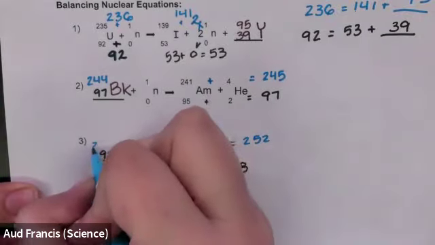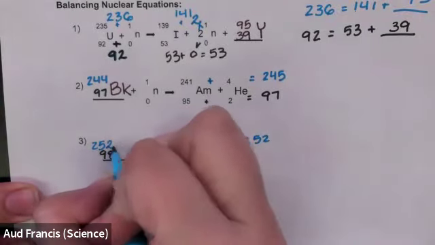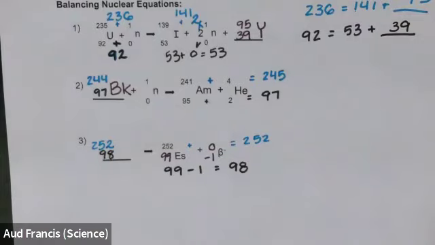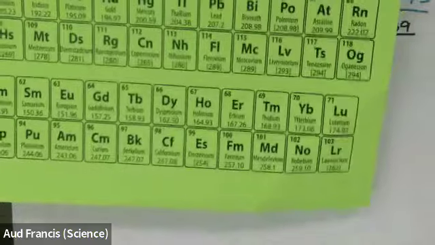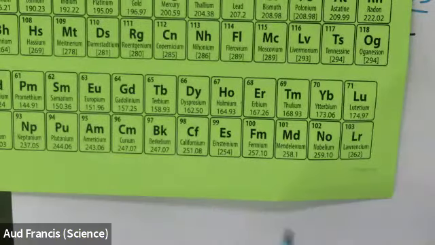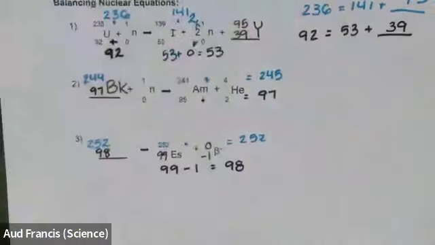So that's going to be the mass number of my reactant. When I look on the periodic table for number 98, I'm going to find CF, Californium, as my answer. So I'm going to write that in to the reactant slot in this question.